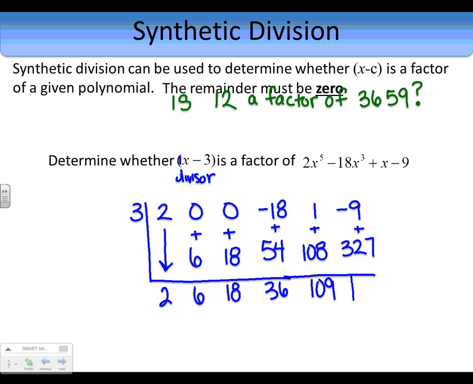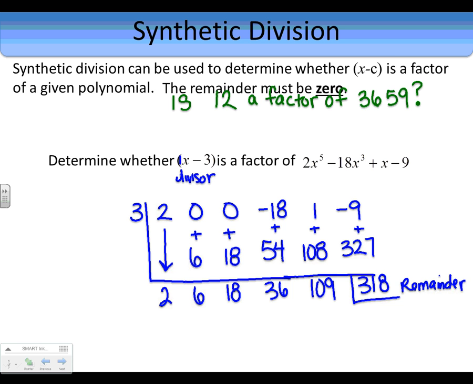Add those together, and I get a remainder of 318, which is obviously not a remainder of 0.